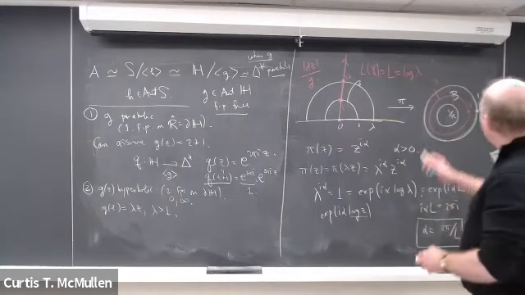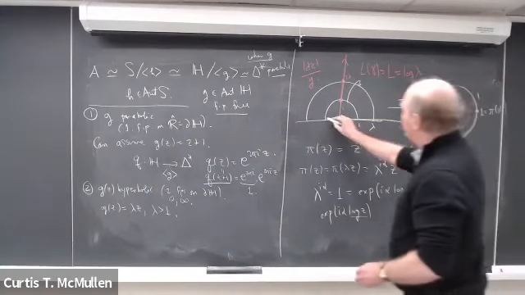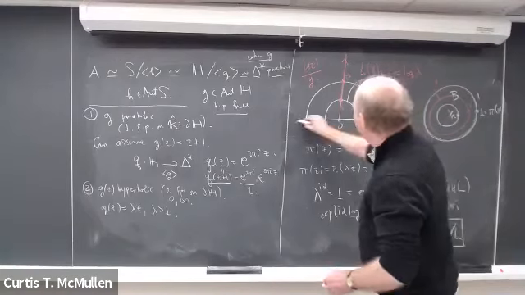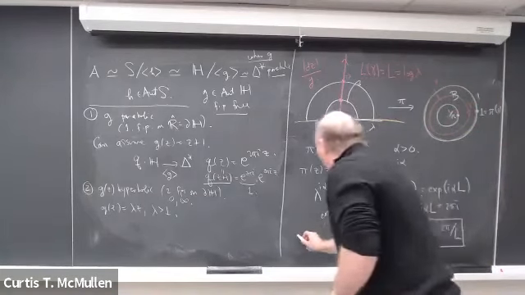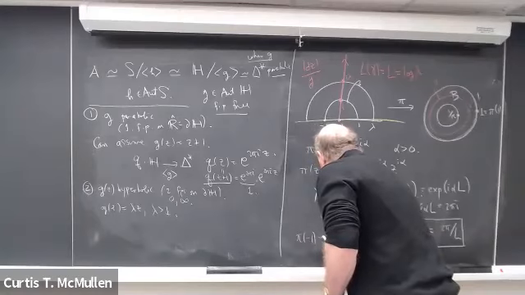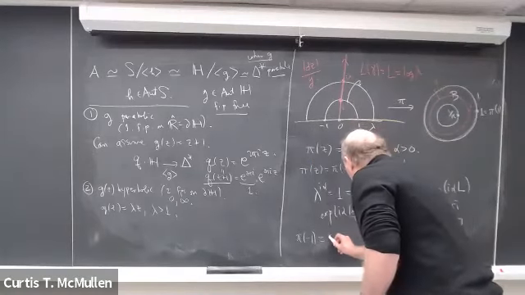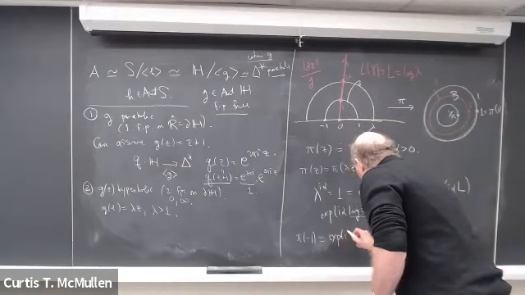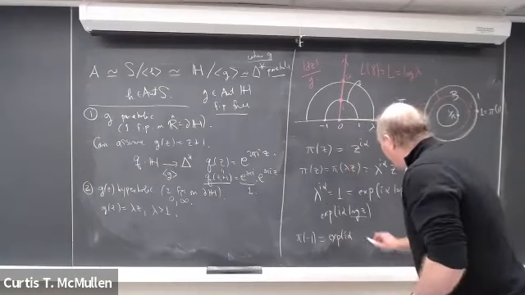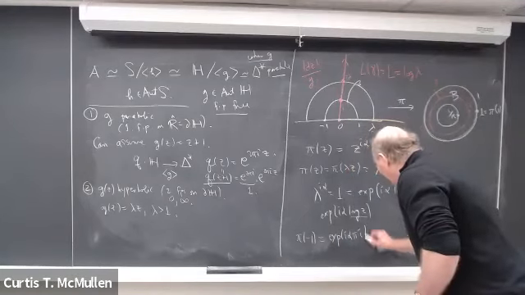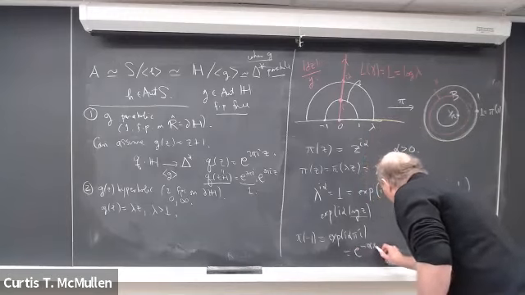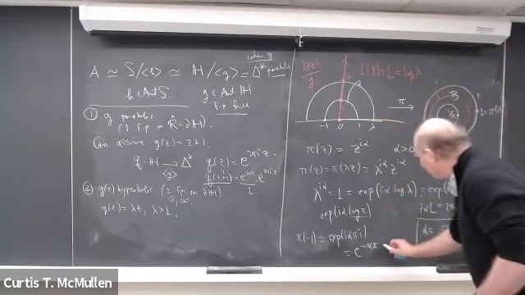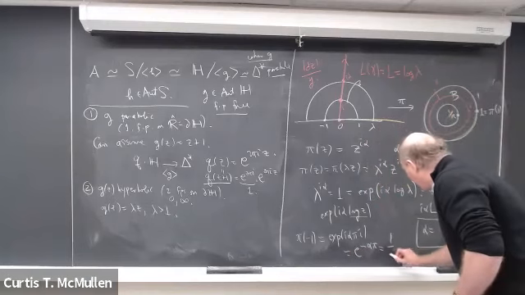And then if we want to know what the inner radius is, we just need to look at where -1 goes, because the negative real axis goes to the inner boundary, and that would be pi of -1, which is e to the I alpha, and then the logarithm of -1 is pi I. So that's e to the minus alpha pi, which is equal to 1 over r.